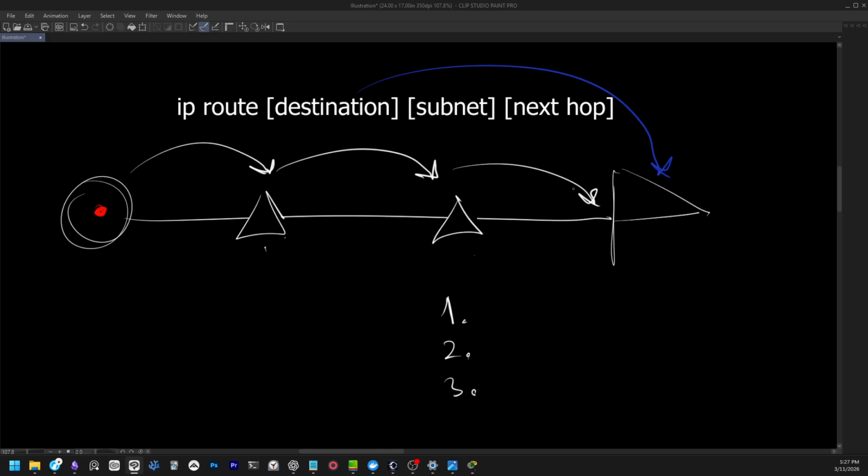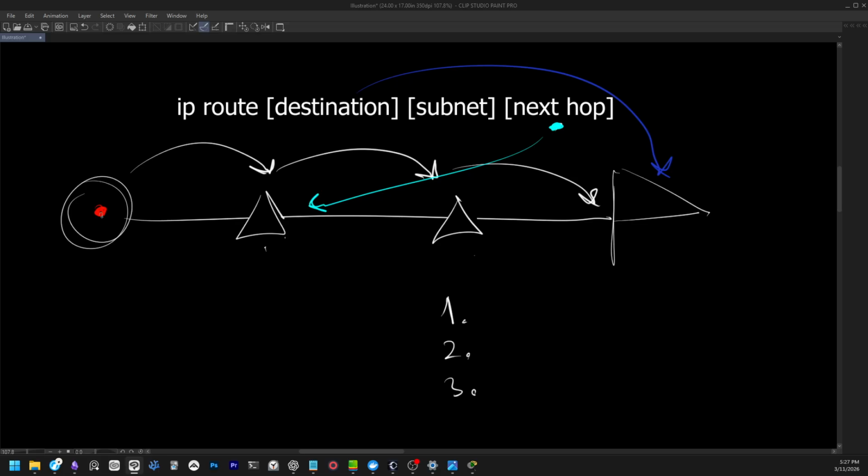Same thing, but in terms of technology, in Cisco Packet Tracer, our destination is essentially the network we're trying to get to, and the next step, the next hop, is essentially that.